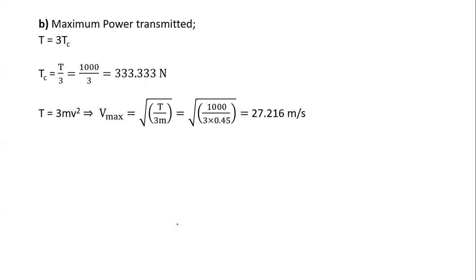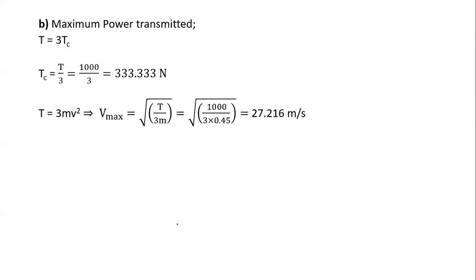Maximum power transmitted. We need to recalculate TC, because what condition do we need to transmit maximum power? T is equal to 3 times centrifugal tension. So therefore, T is 1000. Divide by 3, we get 333.333 newtons. Then we also need the maximum velocity.